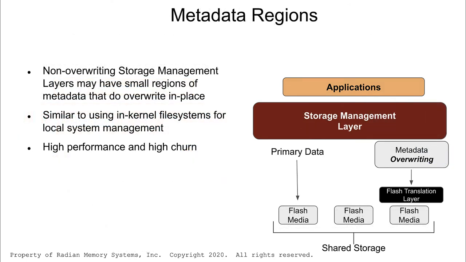In yet other cases, largely non-overwriting storage management layers may actually have requirements to overwrite some metadata in place. This type of configuration is similar to the previous example where an in-kernel file system is used for local system maintenance, but differs in that the performance requirements for these metadata regions can be critical to system performance and have high churn, requiring not just a translation layer, but a high-performance translation layer.